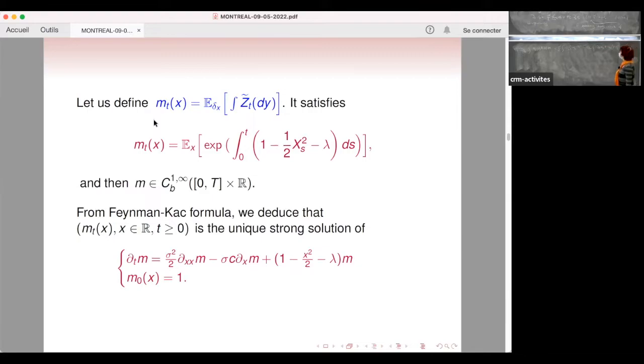And then, of course, you will play by integration by parts, and you will have sigma square over 2 integral of m t times the second derivative of f plus c sigma first derivative of f plus 1 minus x squared over 2 minus lambda f.